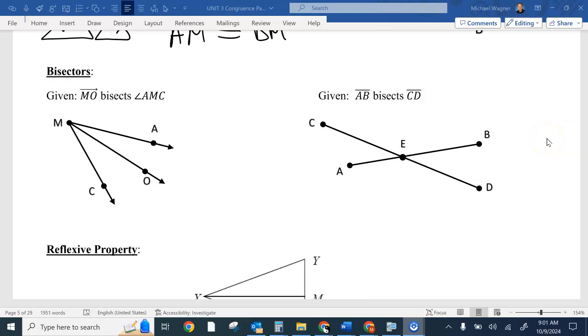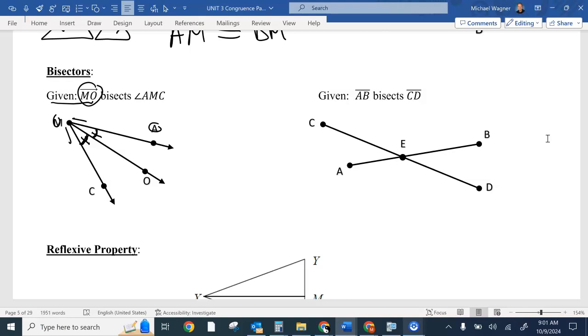Okay, so here the given one is telling us MO bisects, that's a ray, right? It's a line that extends with an arrow. It bisects or cuts in half the angle AMC from A to M to C. So it's the wider angle, not the little narrow angles. But if MO is bisecting, it tells us that it forms two new angles like that. So we put the angle symbol, and then we put a little dash to show that those are equivalent angles.